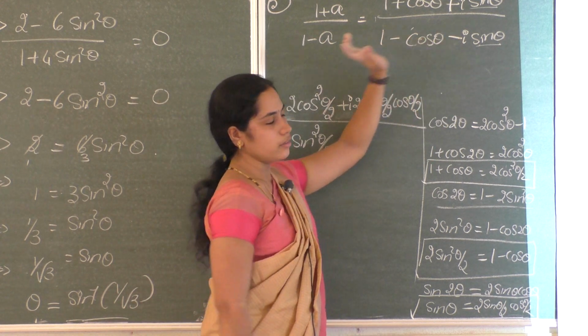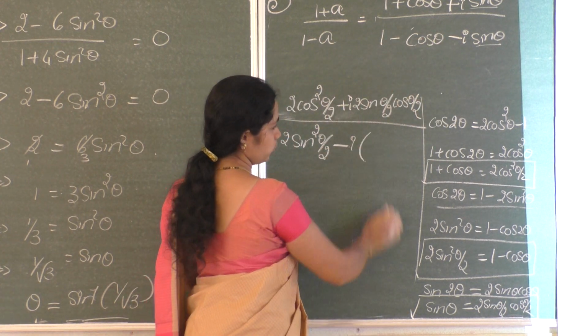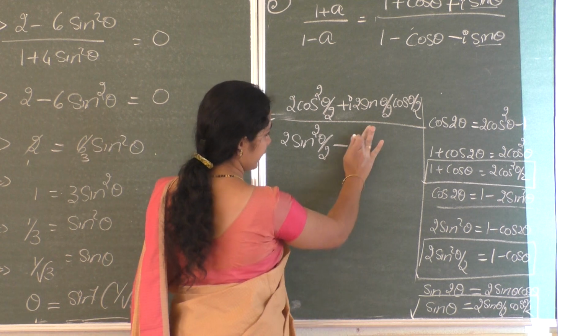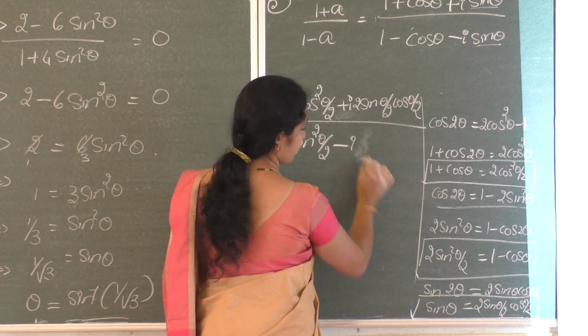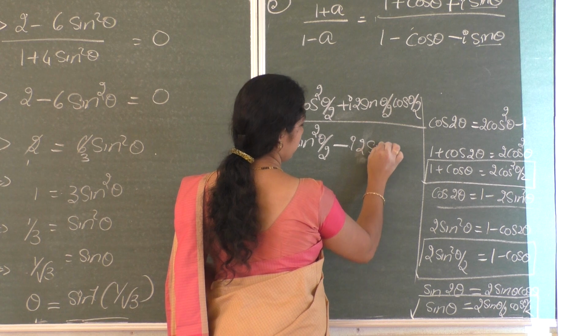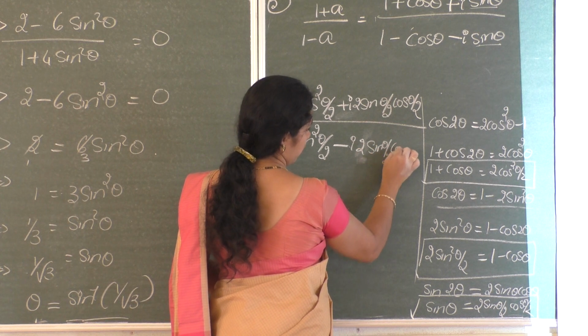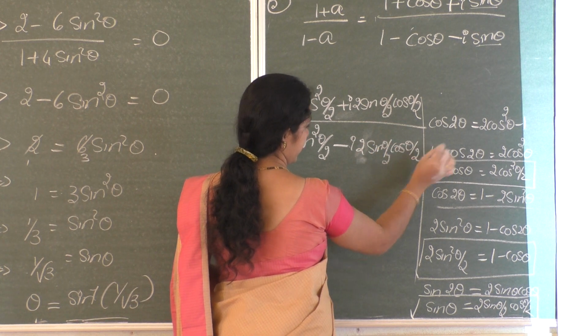We have minus here, minus I into what is sin theta? Again the same formula, 2 sin theta by 2 into cos theta by 2.